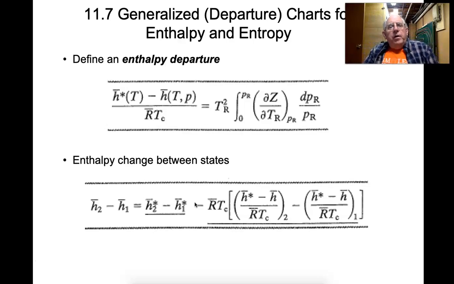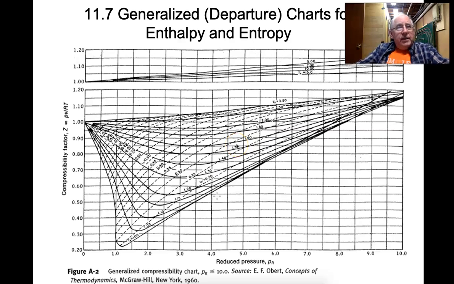And so our next video will be using the TEST software to actually look at real gas behavior. As we look at real gas behavior, we'll see that the TEST software will allow us to put in a temperature and a pressure for a substance, and based on this chart, it will calculate the compressibility factor.